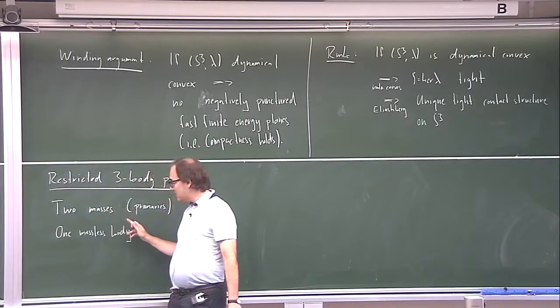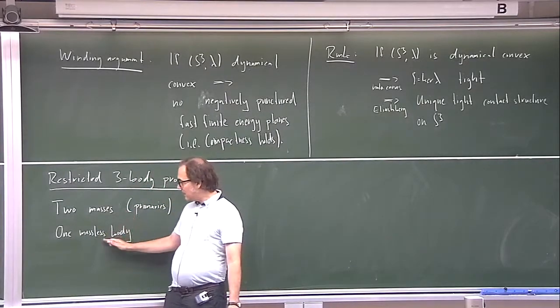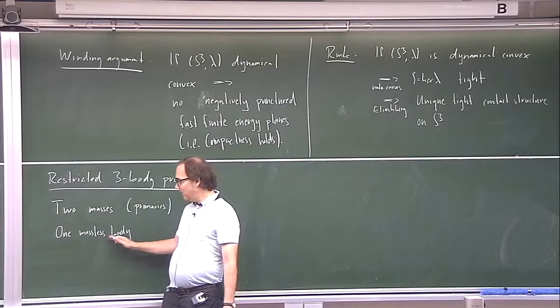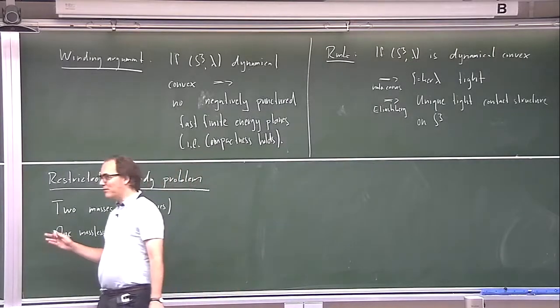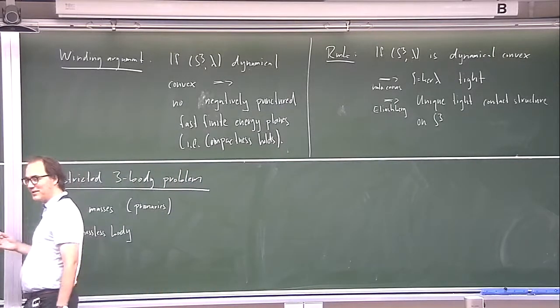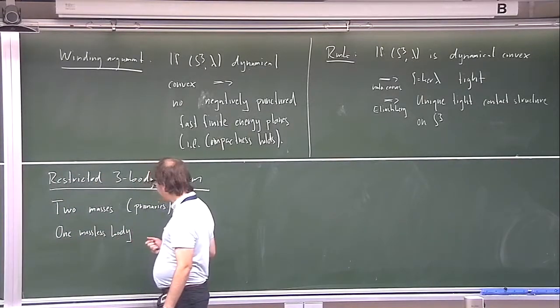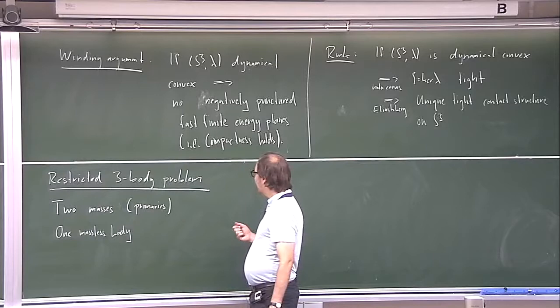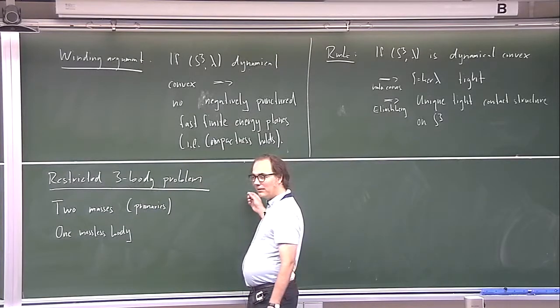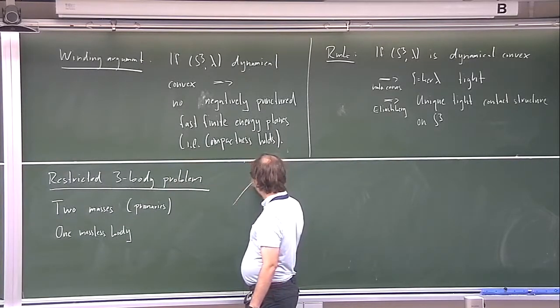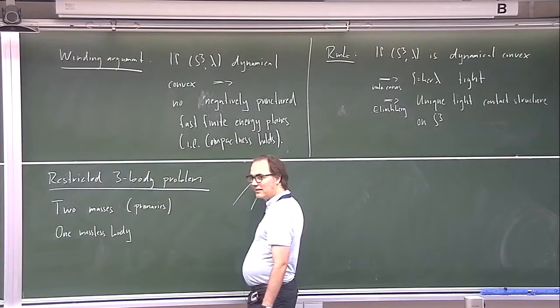But the two masses attract the massless body. It seems a bit strange that, because it has zero mass, they can still attract it. But this is what Galileo observed: the mass doesn't play a role.